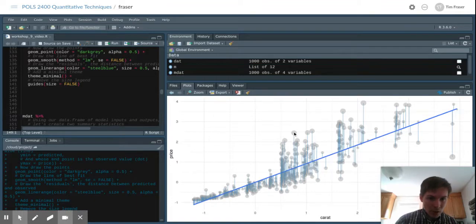Now this is just showing us that the points that are further from the best fit line have bigger dots. And this distance between them, these are the residuals. If you have larger residuals, it's a bad model, because the trend line isn't really close to them. It doesn't predict them well. If you have small residuals, that means it's a better model. So we're looking for overall, on average, are our residuals good or bad?